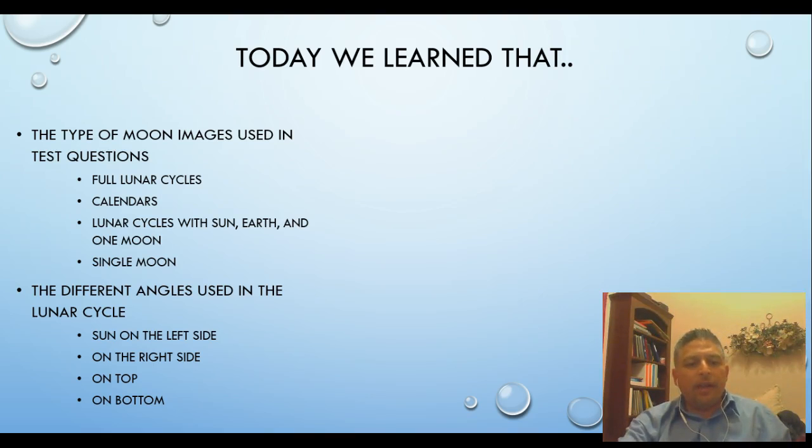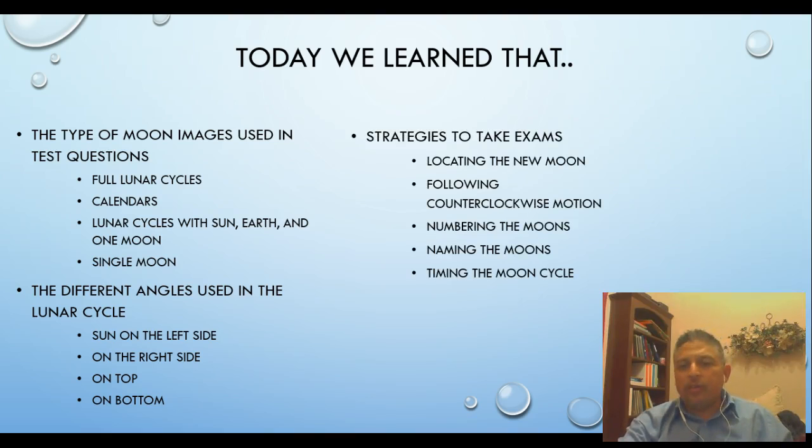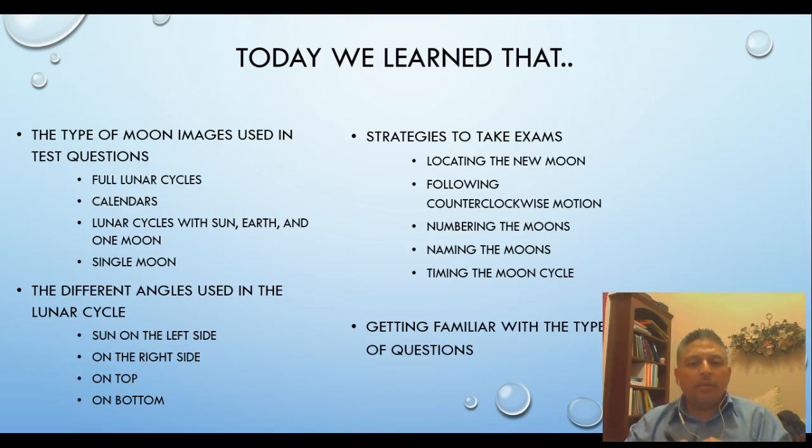We also learned the different angles used in the lunar cycle, like pictures with the sun on the left side, the sun on the right, on the top, and on the bottom. We also learned some strategies to use during the exam, like locating the new moon, following counterclockwise motion, numbering the moons, naming the moons, and then timing the moon cycles. And of course, we also got familiar with the type of questions used on the exam.